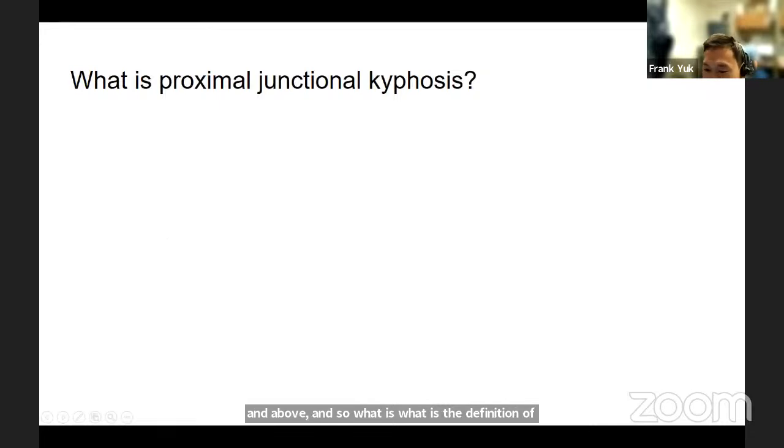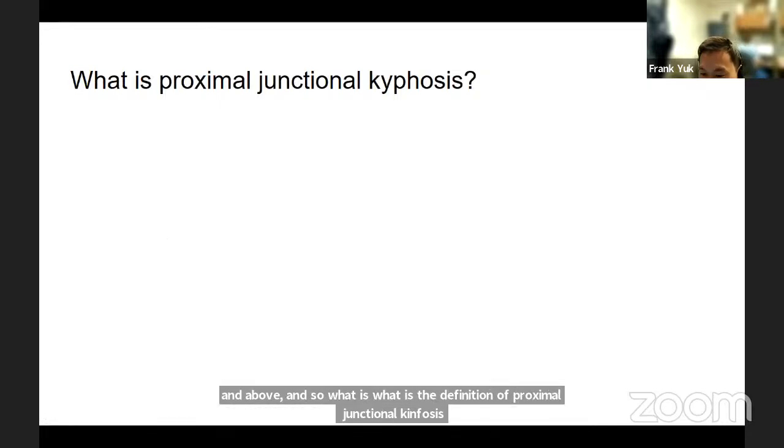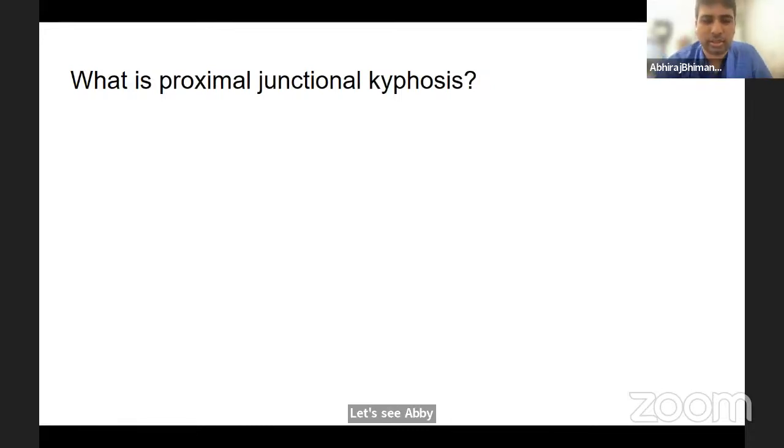Let's see, Abi. So as the name suggests, it usually happens at the junction between an instrumented or a fused spine and a non-instrumented or a non-fused spine.